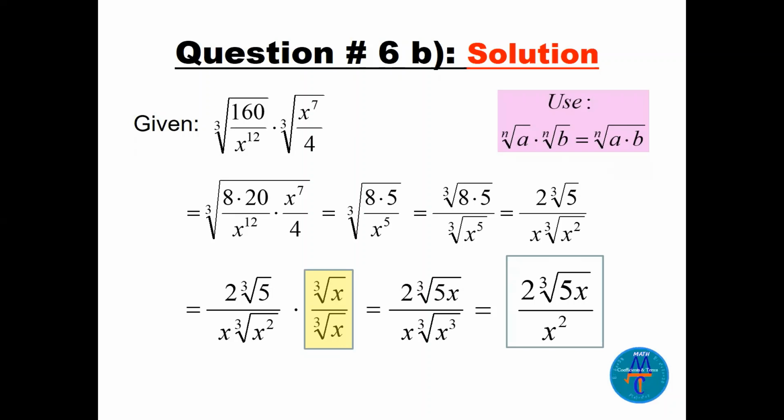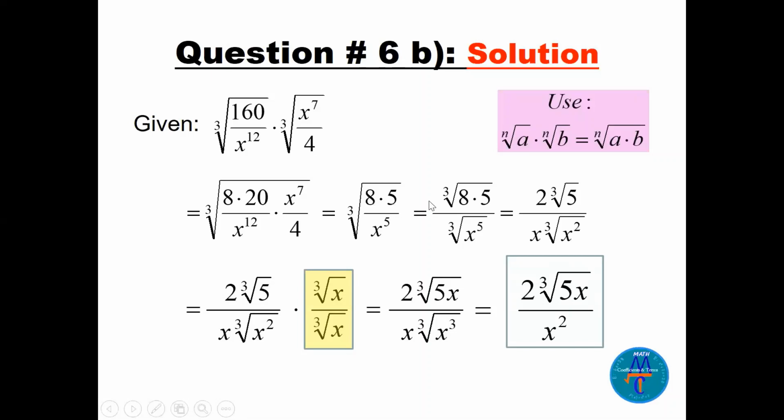That's 8 times 20. Now x to the power 7. Here in the denominator we have x to the power 12. So 7 minus 12 is minus 5, so I leave down x to the power 5. And cancel this 4 with the 20. I am left with 5 here.